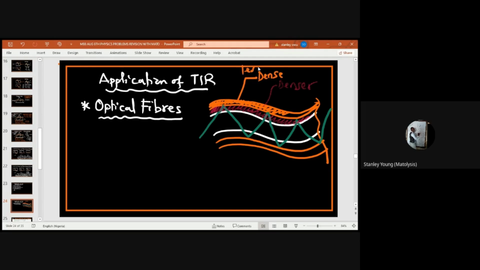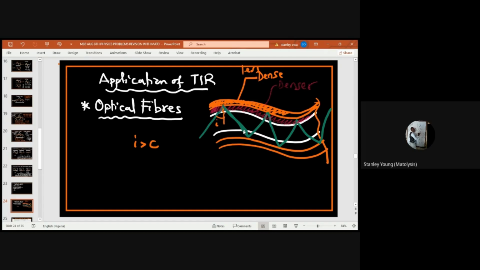Less dense. So the ray is trying to travel from a denser medium, which is the pink, to the less dense medium. And the angle of incidence is happening at a value that is greater than the critical angle. Don't forget that I said the critical angle has to be exceeded. So if that is happening, normally we should have had a refraction, but instead what we have is an internal reflection.